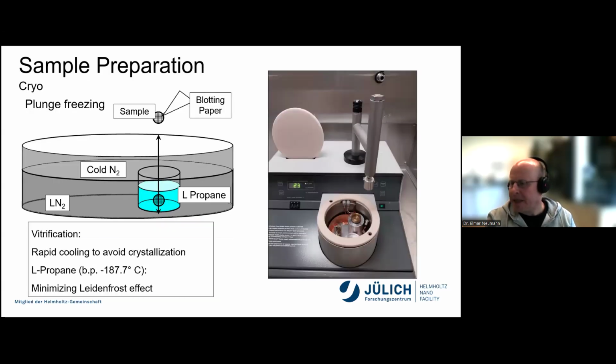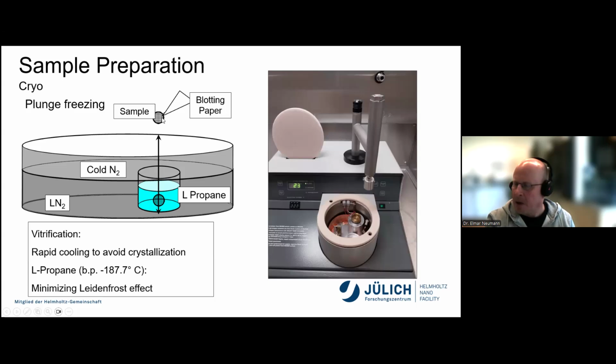Next thing is, if you want to avoid these kinds of chemicals for fixation in the first place, because you fear that you may change and alter the properties of your sample, then another method would be to use cryo fixation.